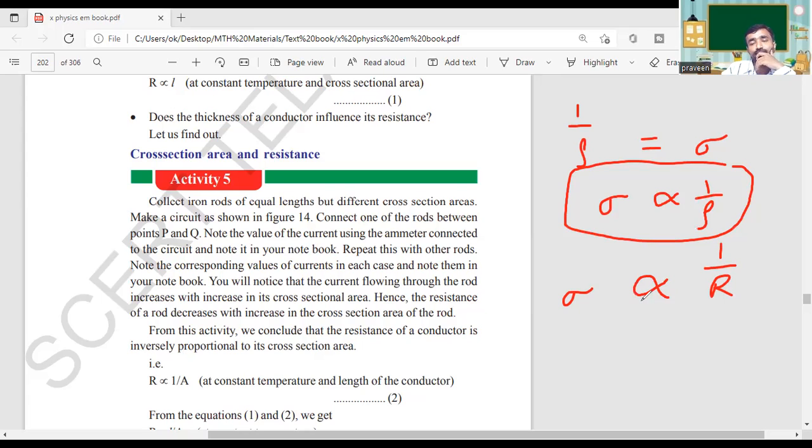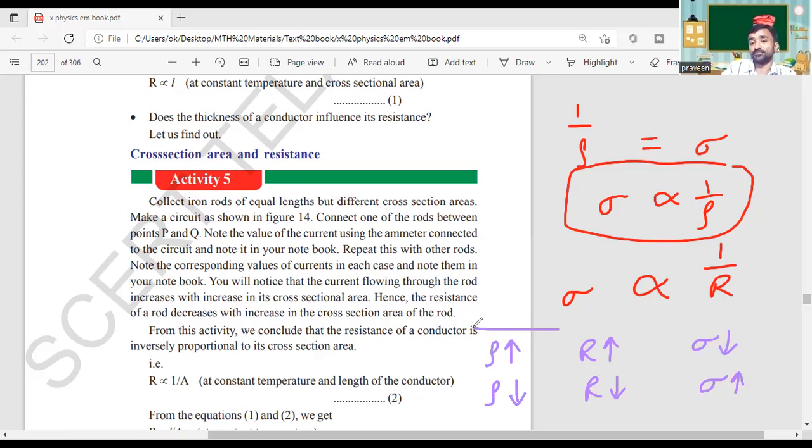Reciprocal. Conductivity is inversely proportional to the resistance, right? So if the resistance of the material increases, what about the conductivity? Resistance increases, conductivity decreases. Resistance decreases, conductivity increases. Resistance increases, resistivity also increases. Resistance decreases, resistivity also decreases.